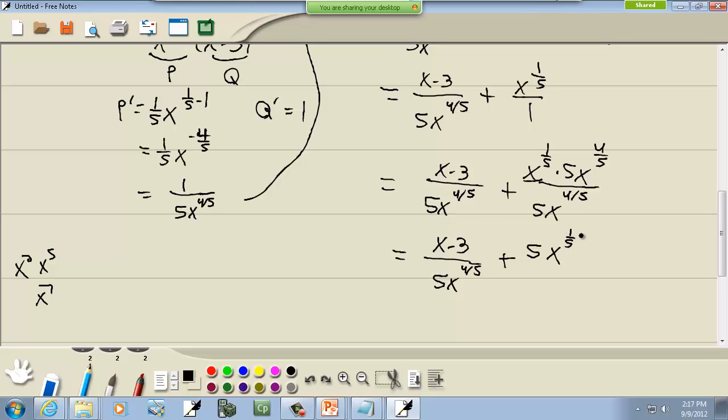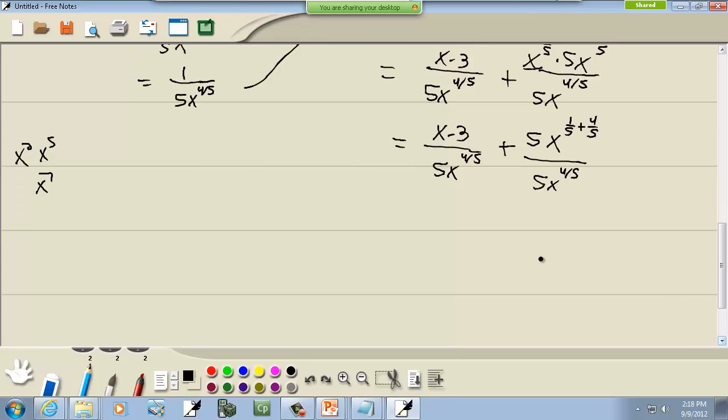We've got 1/5 plus 4/5, and then our denominator is still the same. So that gives us x minus 3 over 5x to the 4/5 plus 5x, and 1/5 plus 4/5 gives us 5/5 or 1, like that.